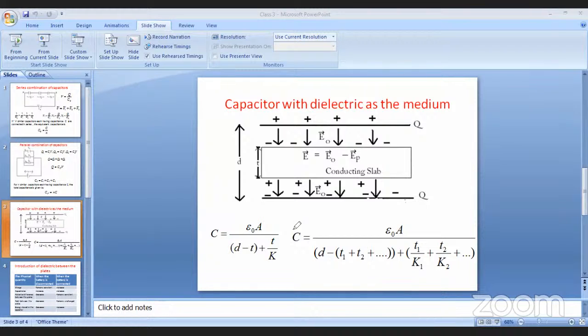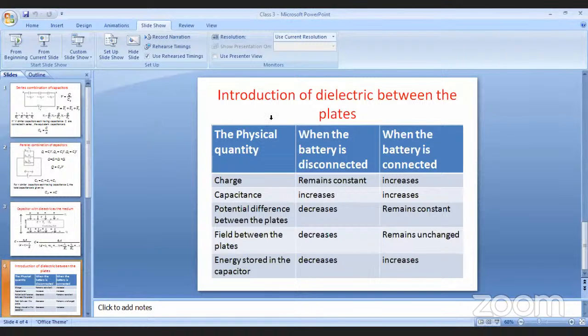The next thing is, after introducing a dielectric material, you can disconnect the battery supplying power to the circuit, or you can retain the battery connection.